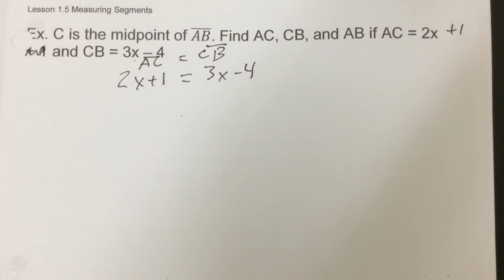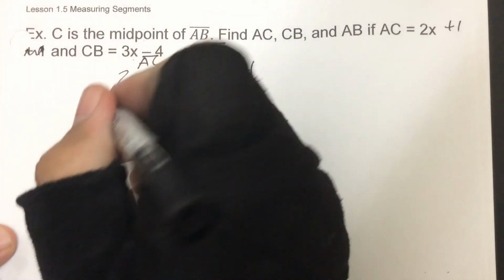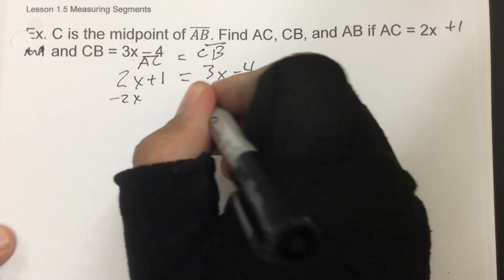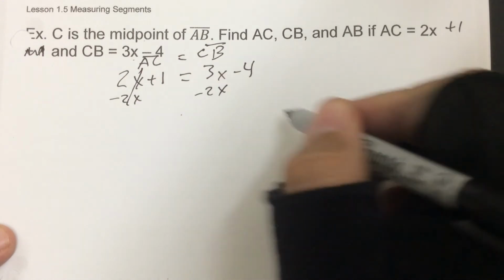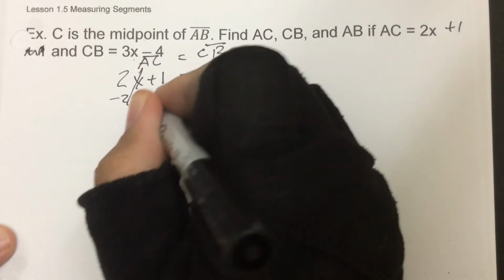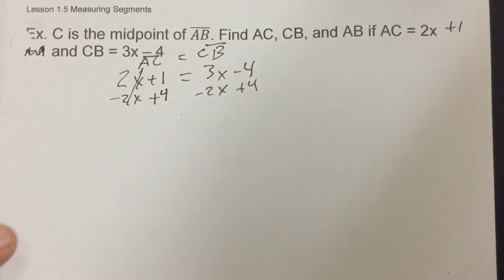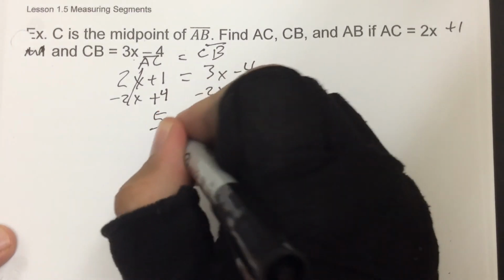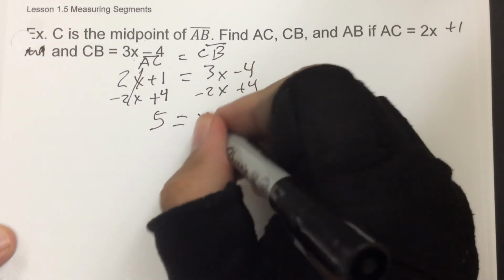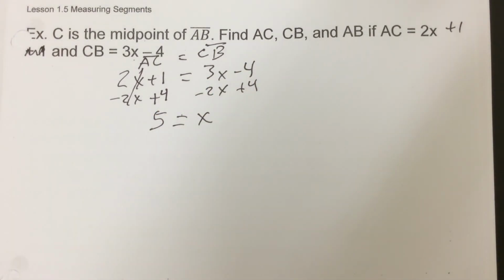When it talks about midpoint, you're going to set them equal to each other. When it talks about the total, you're going to add the 2 parts and set it equal to the total. From here again, it's just solving like a normal equation. Letters on one side, numbers on the other. So I'm going to subtract the 2x over, and then add the 4 over. So 1 and 4 make 5. 3x minus 2x is just x. So our x is 5.